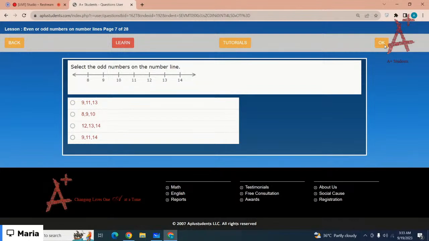Odd, not even, right? So they are 9, 11, and 13. Option number 1 is the correct option.